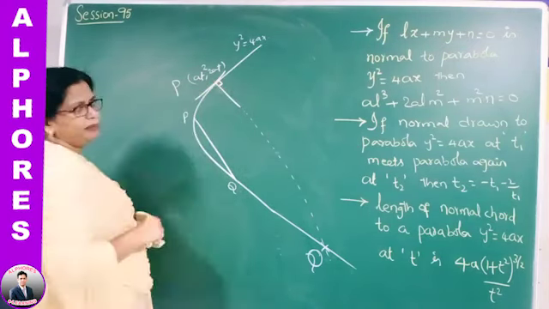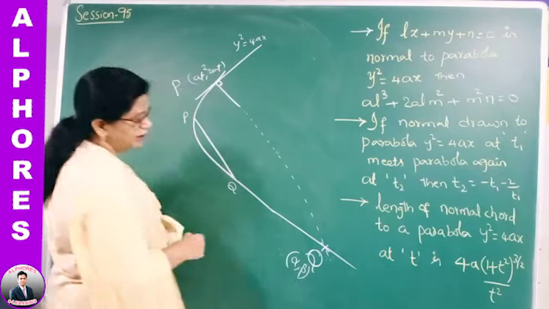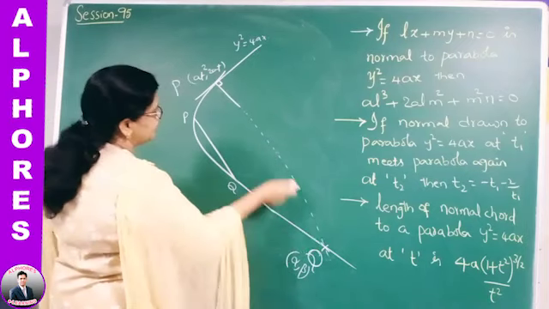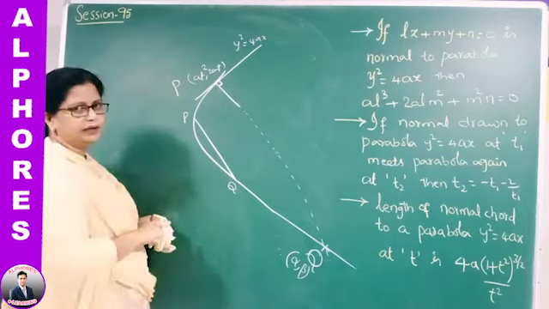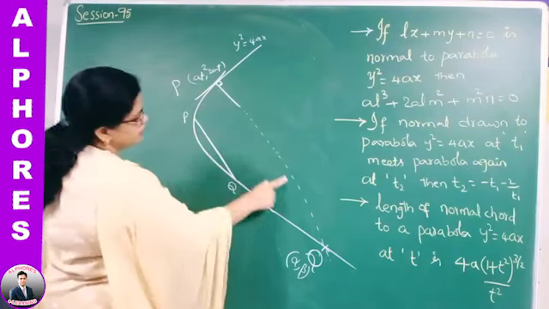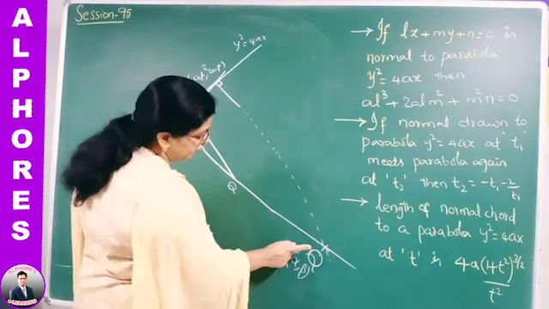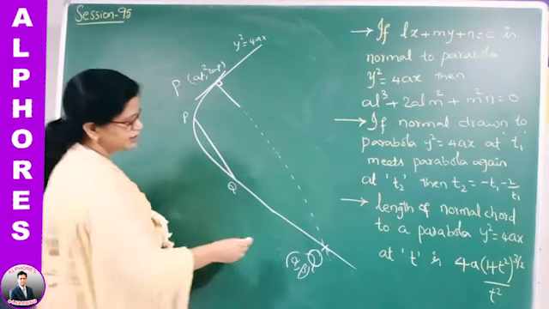Then don't expect that the normal drawn at Q, suppose some alpha beta, is this same line. Normal drawn at Q is different, and normal drawn at P is different. Once this is a normal chord, clearly understand the normal drawn at the point Q cannot be the same line.